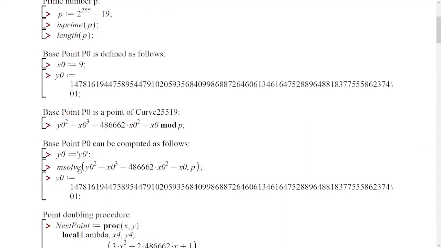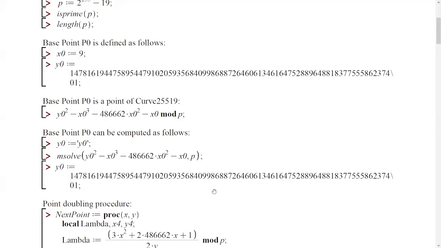So we issue the command msolve y0 squared minus x0 cubed minus 486662 times x0 squared minus x0 modulo p, and we will get in fact two values, y0 and minus y0 modulo p, and we find the same value for y0.